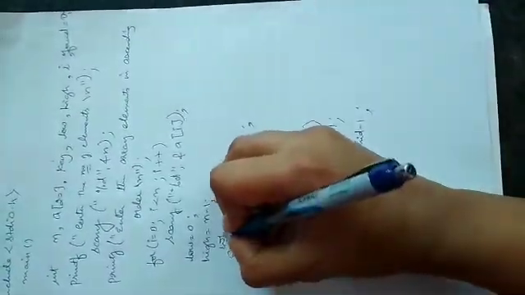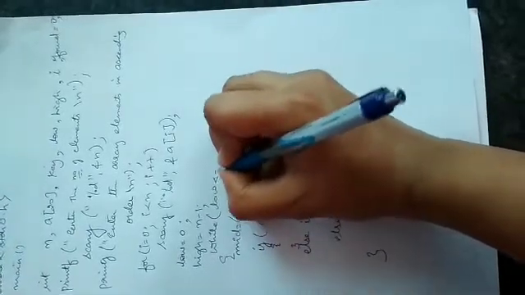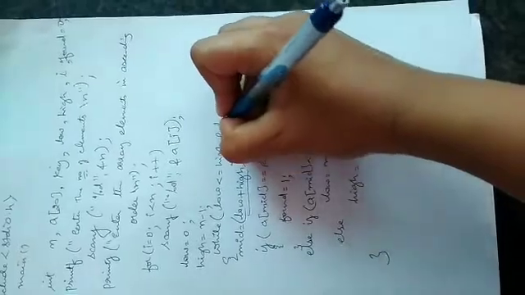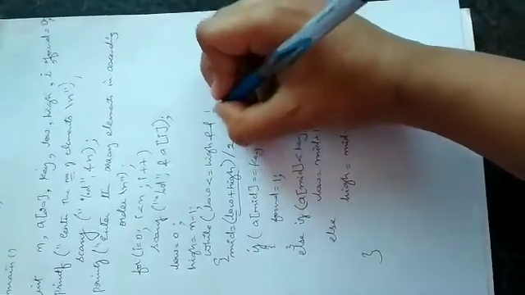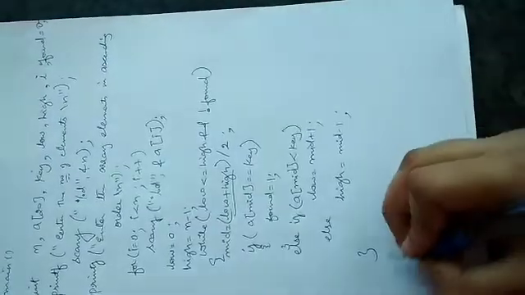So we can write the condition as a while loop: while low is less than or equal to high, and until it is not found, we can do these steps repeatedly.